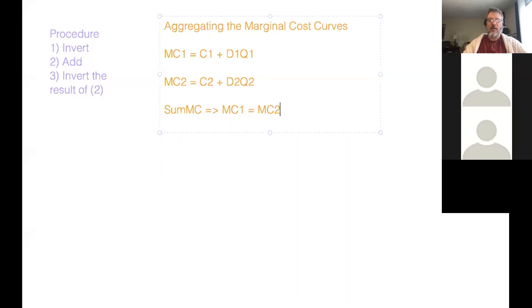So we want to make sure that we use that observation. The other thing is the resulting quantity, the sum Q that we're going to end up getting. I'm going to call it just Q by itself, and this would be the quantity produced by the monopoly or the quantity produced by the competitive market.